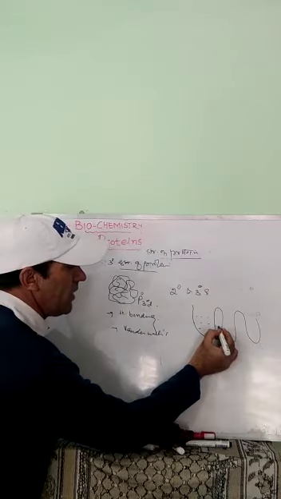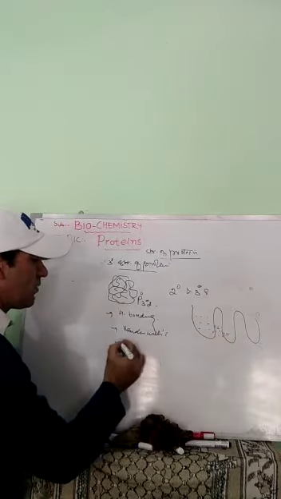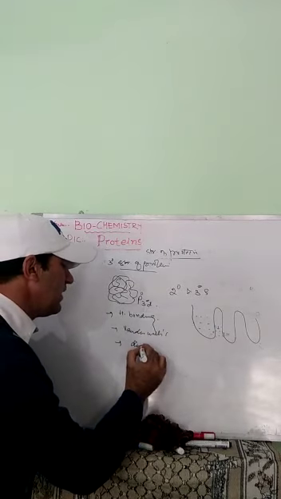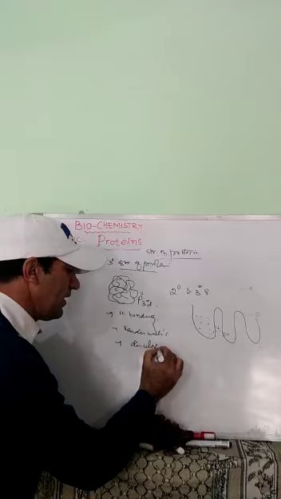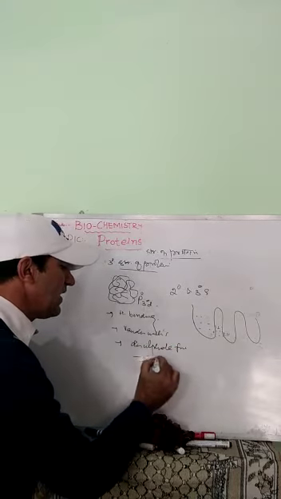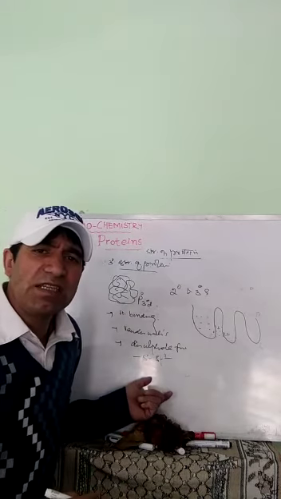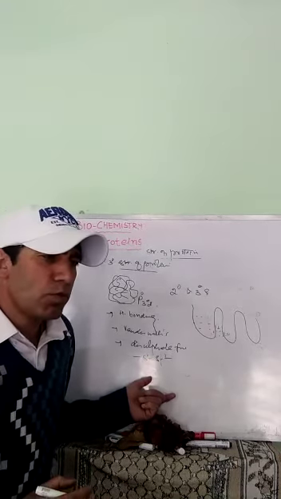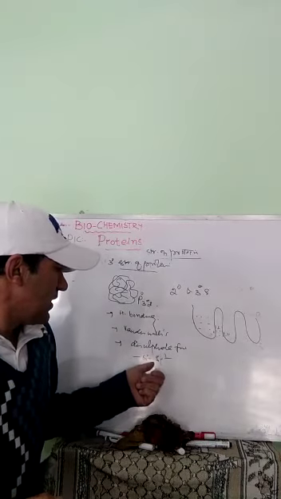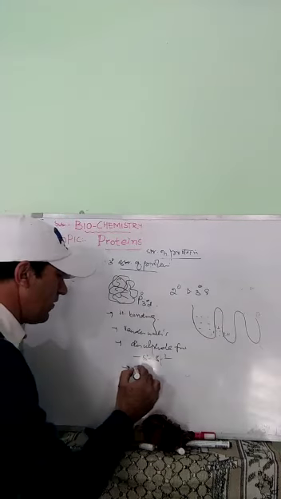Another important force is the disulfide linkage, that is SS linkage. Most of the amino acids contain sulfur also, for example methionine and cysteine. So there is SS linkage, the disulfide force of attraction.